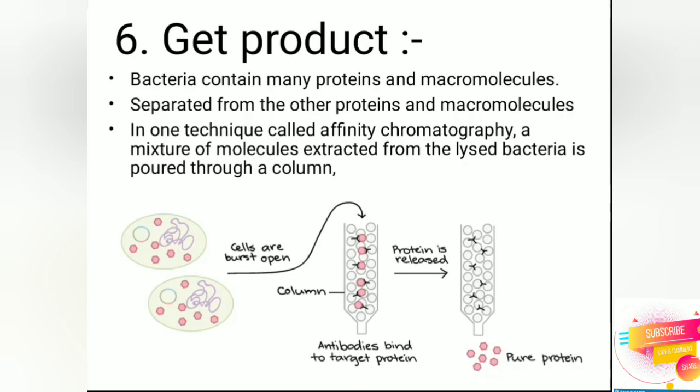In this, antibodies are present in the column and bind to the target protein, and then the protein is released. After that we get a pure protein. So by using affinity chromatography we obtain our desired product. This is one of the methods; depending on the product, we use different methods. So these are the steps of recombinant DNA technology. I hope this is helpful for you.